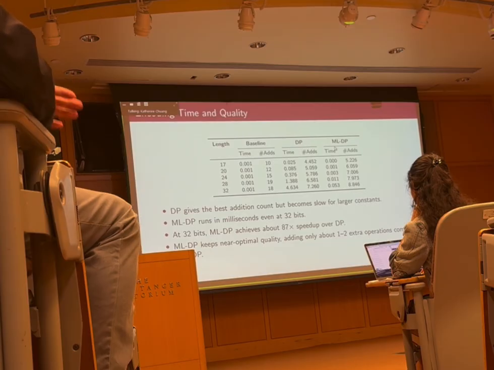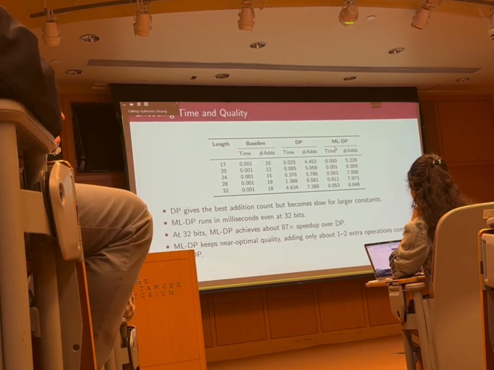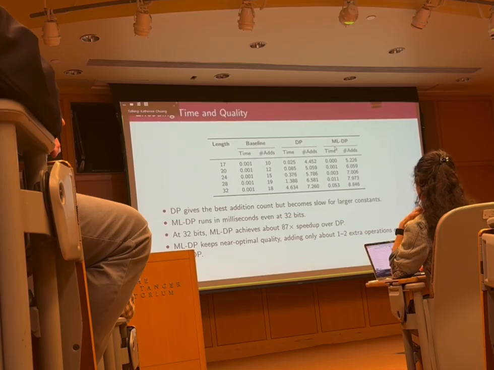But the additions there keep the highest because it is too simple, right? And for the DP method, as we can see, the time is not bad, and the additions keep the lowest, because the adds increase from 4 to 7 only.